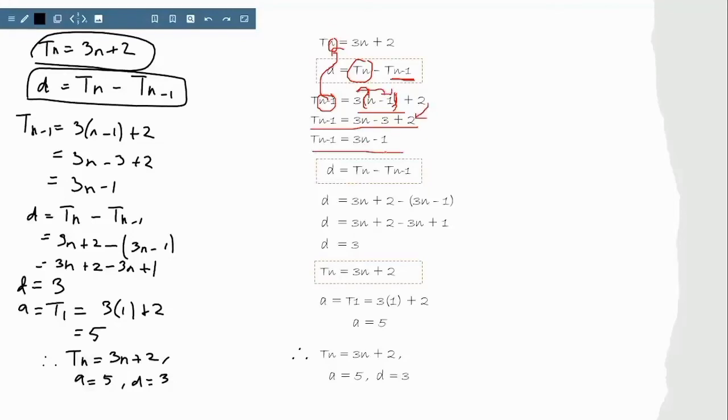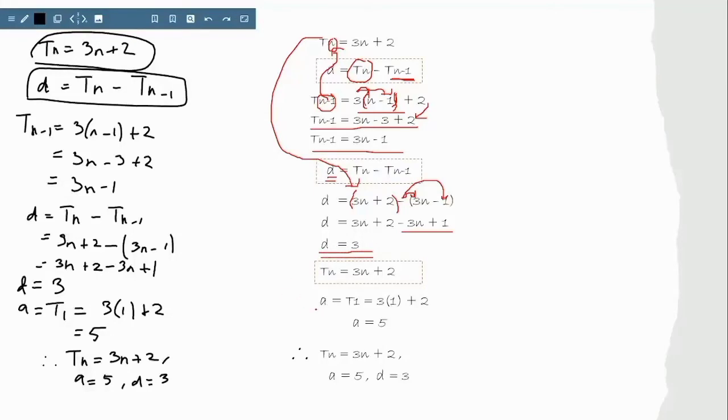Then simplifying it, we get 3n minus 1. With Tn and Tn minus 1, we can find the value of D. Substituting the values, we eliminate the bracket by multiplying the minus sign with Tn minus 1, and we get negative Tn plus 1. At the end, we get D equal to 3.